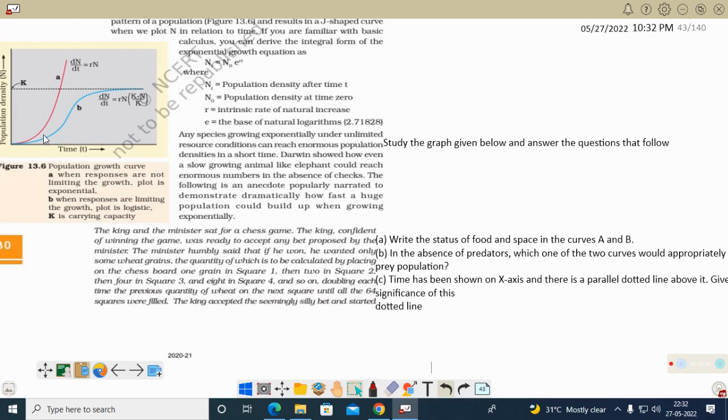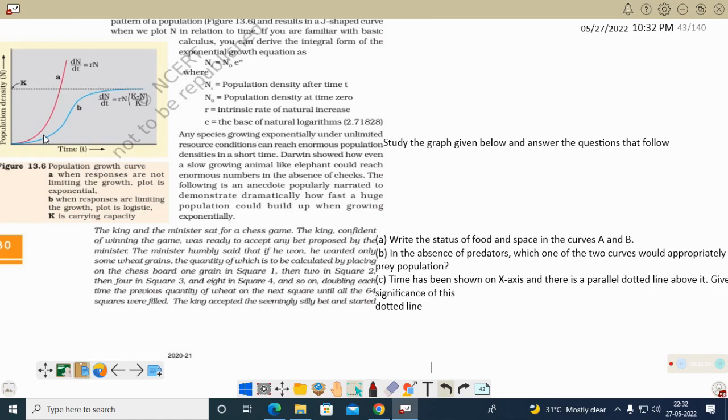Because of that, they will just show the logistic growth with lag phase, log phase, stationary phase like that. Okay, so B answer is the B graph. The absence of predator, which one of the two curve would appropriately depict the prey population? That is the B graph.